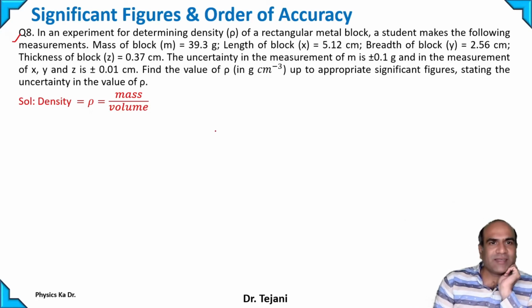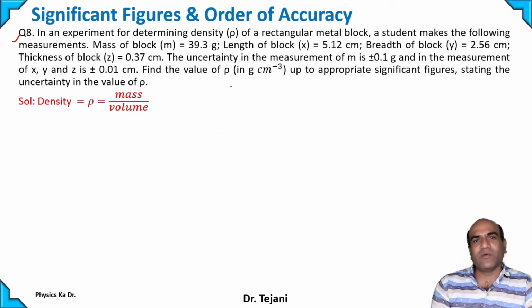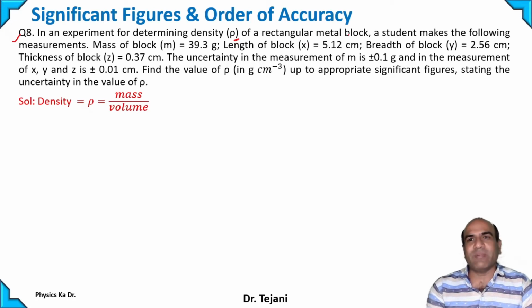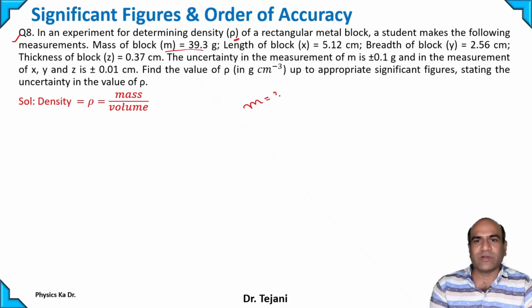What is mentioned? In an experiment for determining density of a rectangular metal block, a student makes the following measurements. Mass of block m is 39.3 gram.